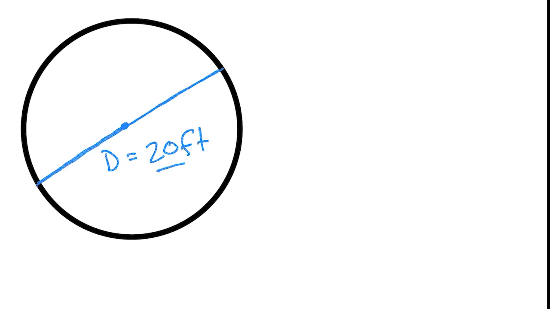Okay, so let's take a problem, for example. We're given this circle and we're told that the full length of this circular room, per se, is equal to 20 feet. Again, some easy numbers for us. So we know that the full length of the room is 20 feet and we're asked to find the area.